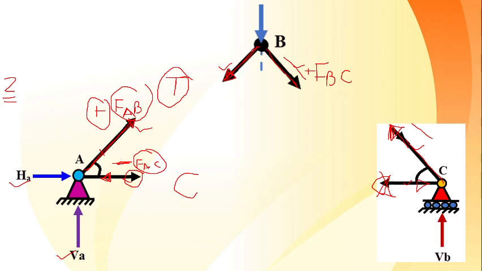So here you can see it is pulling, so it is tension. It is pulling, so it is tension. It is pushing now. This is pushing, so it is compression. Here also this is pushing the joint, so it is compressing the joint, so it is compressive force. Is it okay?